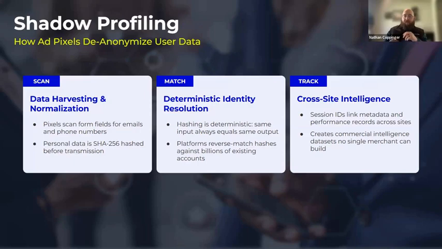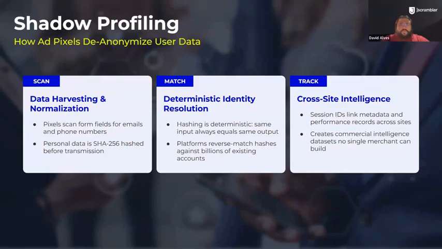Got it. And David, did you see actual evidence of this cross-site profiling when you were running your analysis, or was it a little bit more of an inference from how these systems typically work? What we can say definitely is that we observe the collection mechanism in action, and that the hashed identifiers and session linked event data being collected were structured in a way that supports cross-site and cross-session correlation.